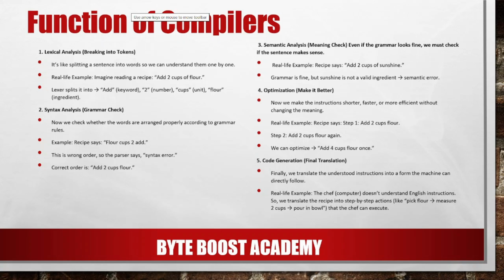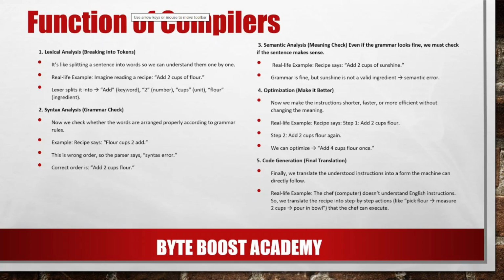Now comes the semantic analysis. Semantic analysis means whether the sentence or the code you have written makes complete sense or not. Like you have written "add 2 cups of pulses." When we are making a cake, I think we are not interested in pulses or dal, right?